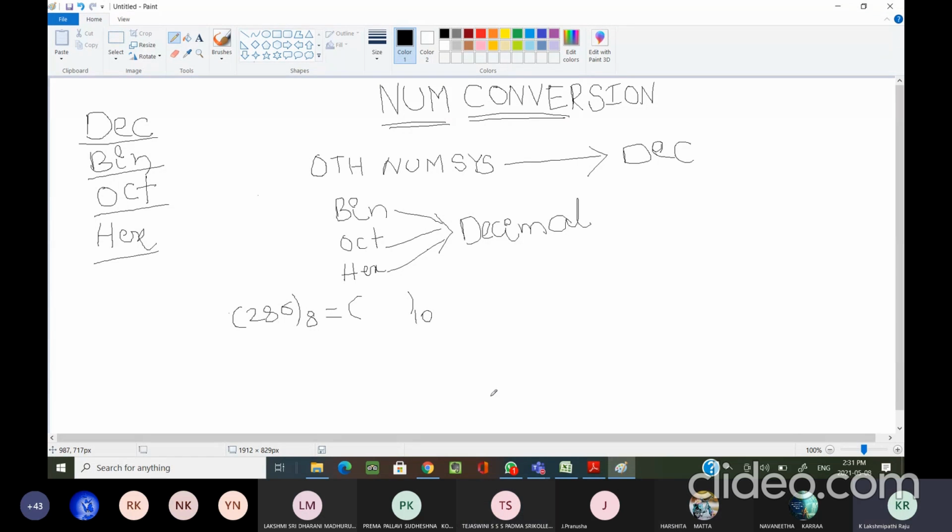I have written this number intentionally, to see whether you are identifying that the given number belongs to the required number system or not. Very good, those who have identified this mistake. Actually, in the octal number system we don't have a symbol called 8.